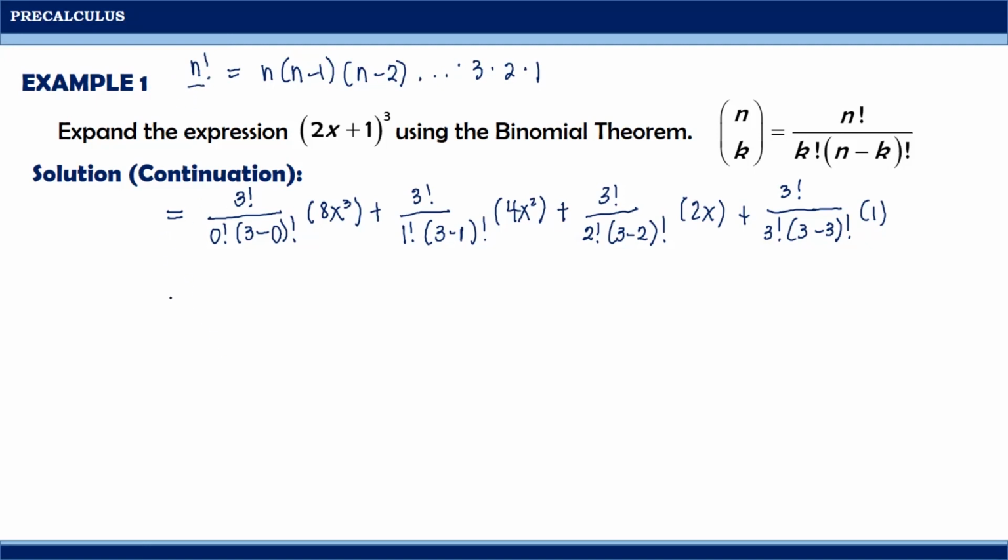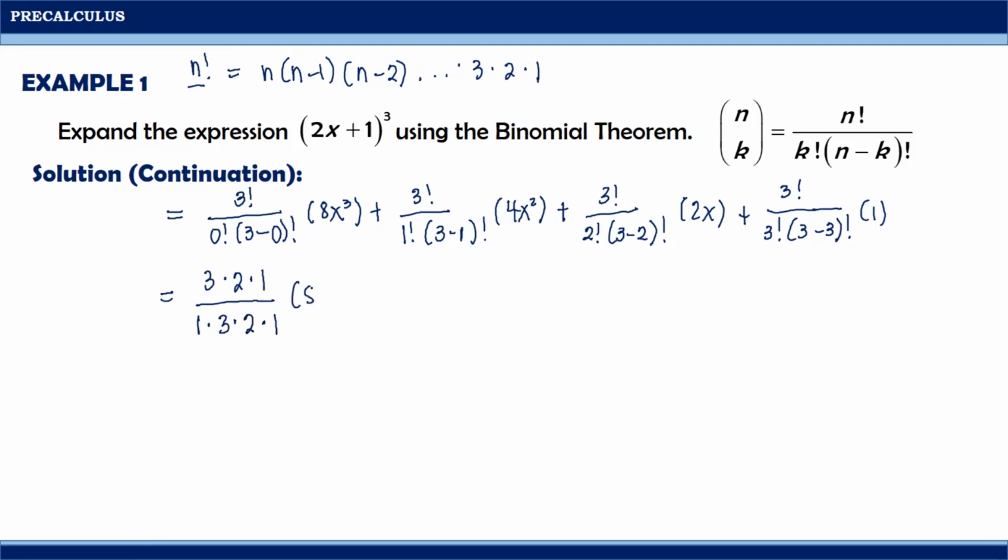So 3 factorial is equal to 3 times 2 times 1, all over 0 factorial, which is equal to 1, times 3 minus 0, which is 3 factorial. So this is equal to 3 factorial, which is still 3 times 2 times 1.